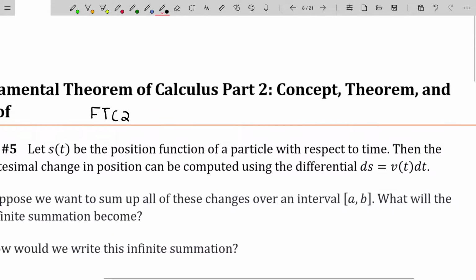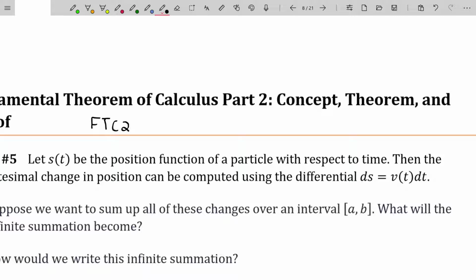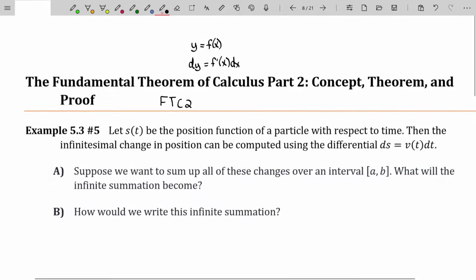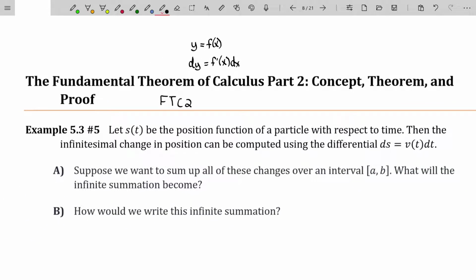Let me say that again. In previous parts of your calculus course, we have encountered that if y is equal to a function of x, then the differential dy is equal to f prime of x dx. Well, in this case, we have s as a function of t. You could say y is s of t, but most of us would just say s is s of t.